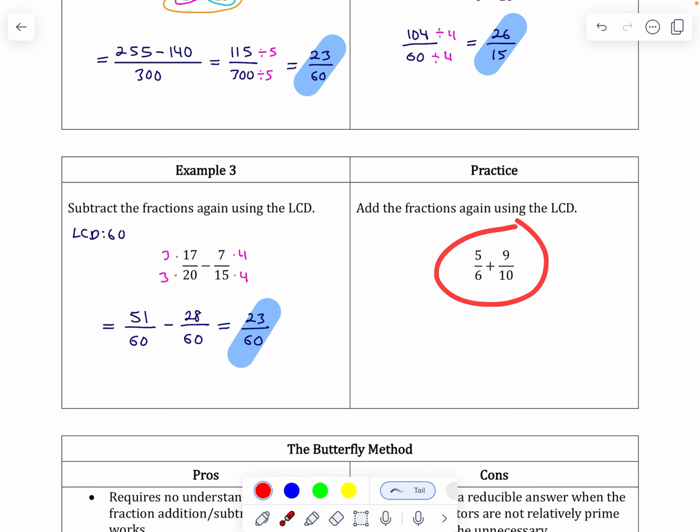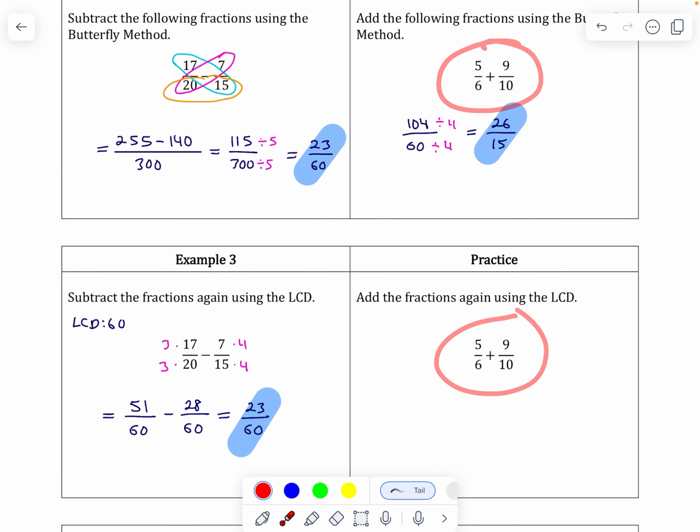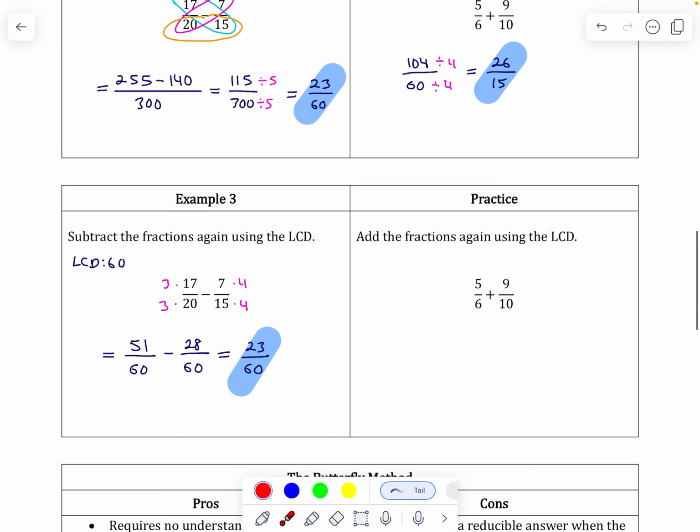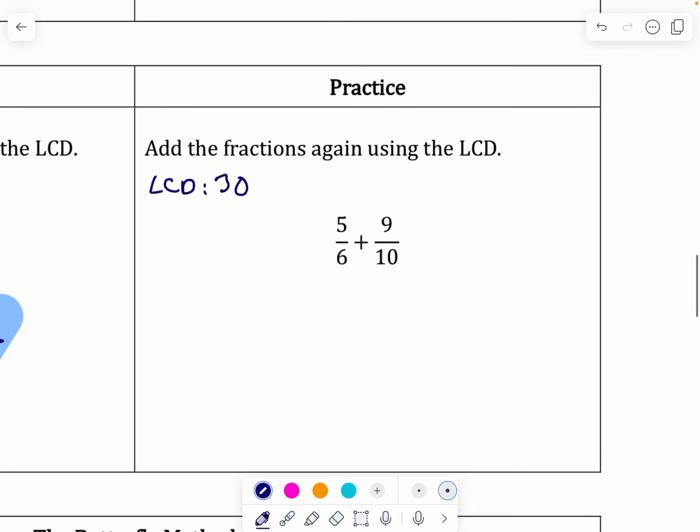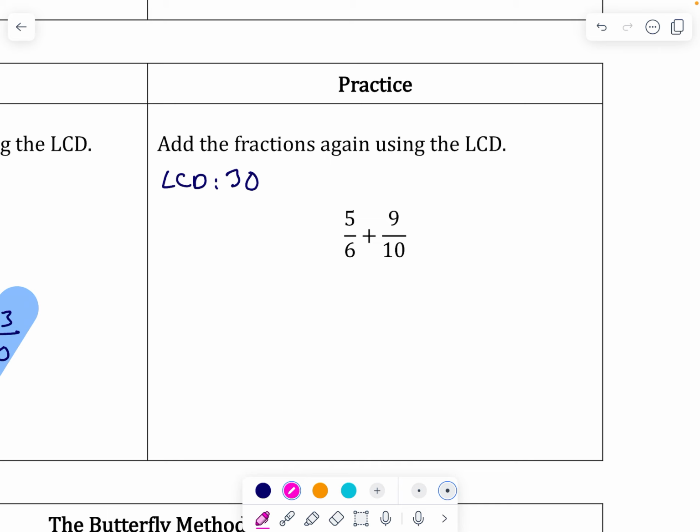It's the same problem you did before, but this time redo it using the LCD. The LCD is 30. And I'm going to go ahead and do this with you. Hopefully you tried it on your own.